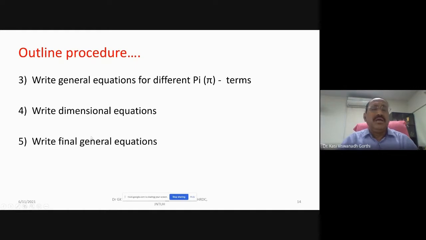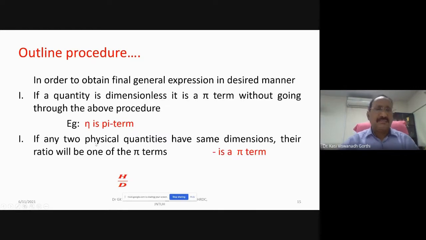This is the outline of the procedure. In the earlier case, the result was not in the standard form Q equals CDA root 2GH, but in a different form. To get it in the desired form, you can do certain things.